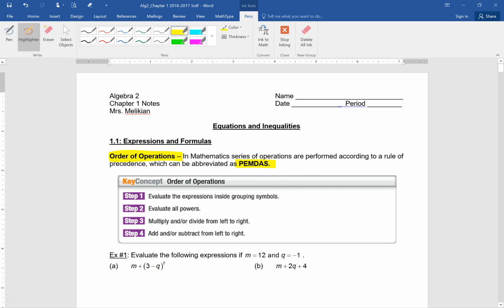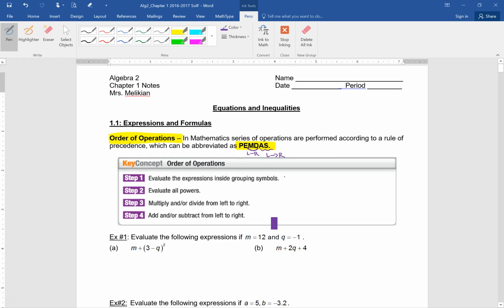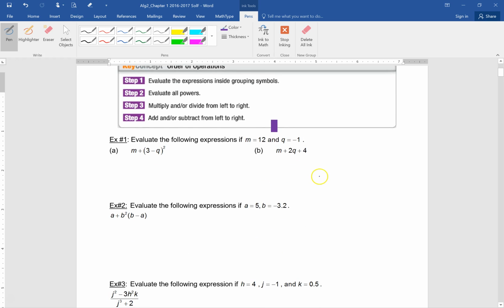P, parentheses, E, exponents, multiplication and division, addition and subtraction. So remember that multiplication and division, you do them all left to right, and then you move on to addition and subtraction, and you do those in order left to right. Okay? All right, so let's practice with a few of them.